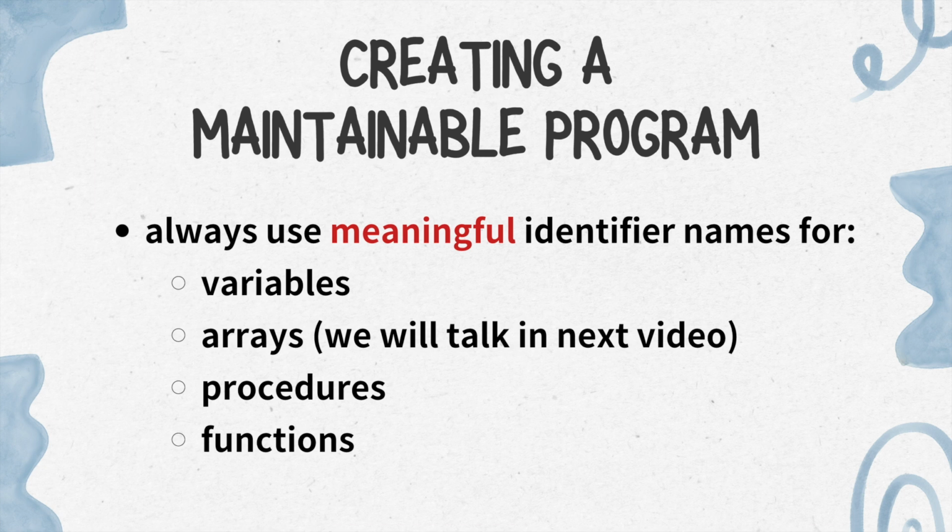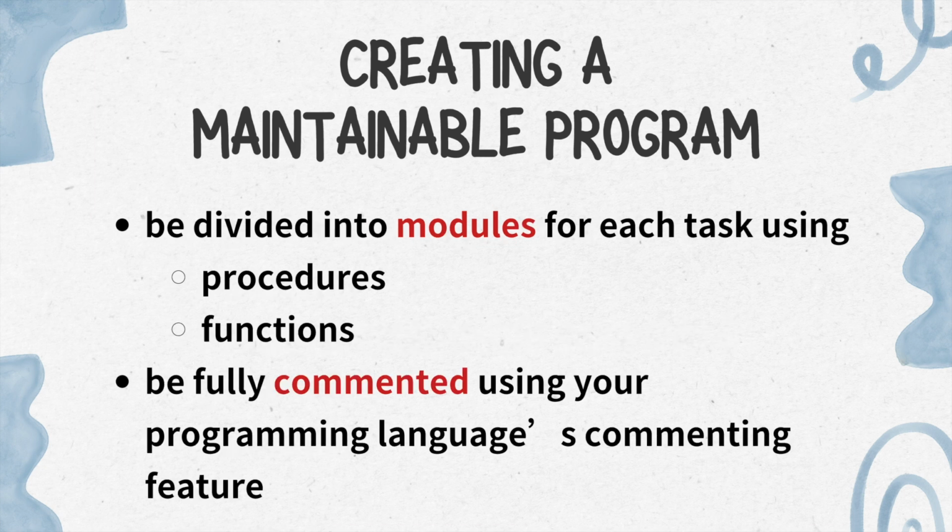This is so that we can understand what we wrote when we come back to the code one day in the future. Procedures and functions we taught in the previous part are also a method that can help the program code look better, dividing the code into modules based on tasks.